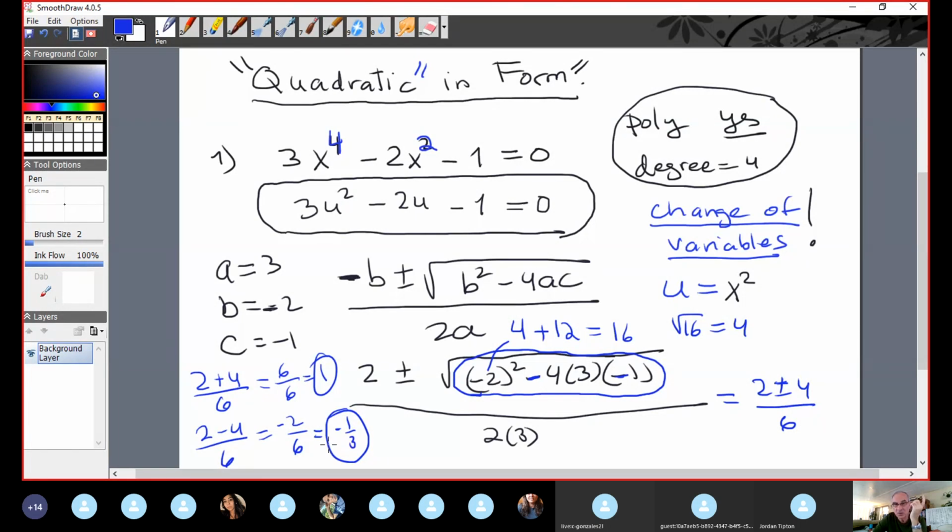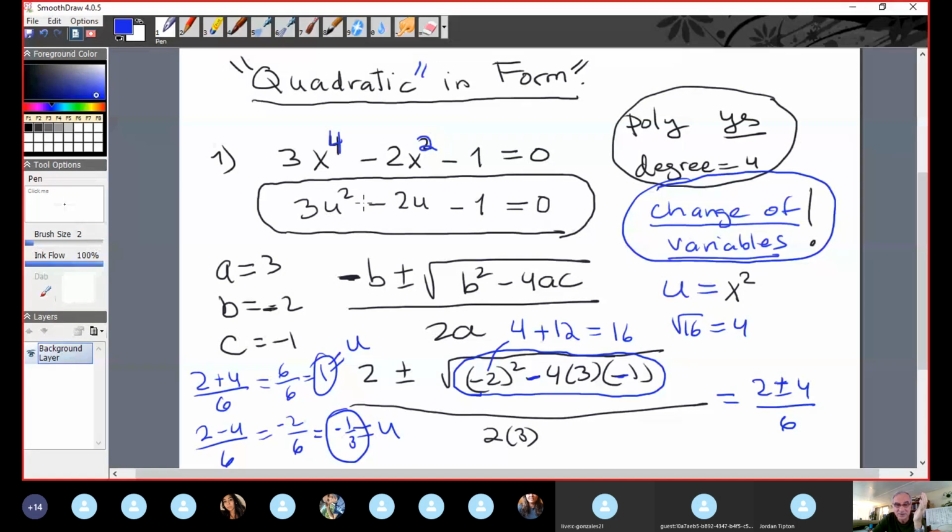Okay. That was easy, but this is not the final answer. Why not? Because remember, we are doing a change of variables. The change of variables was fantastic because it helped me to convert a polynomial equation of degree 4 into a quadratic equation, super easy, that I computed using the quadratic formula. But these values, 1 and negative 1/3, are not the final answer because they are u values.